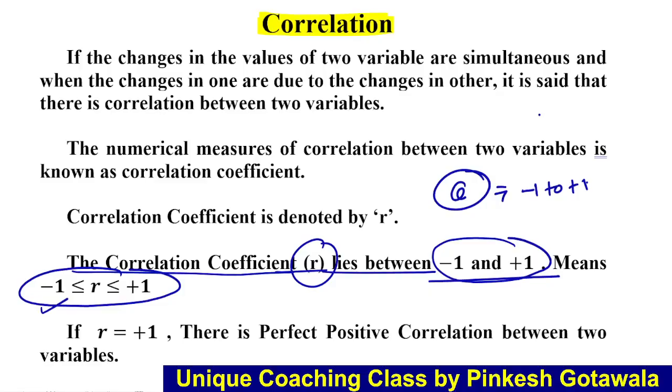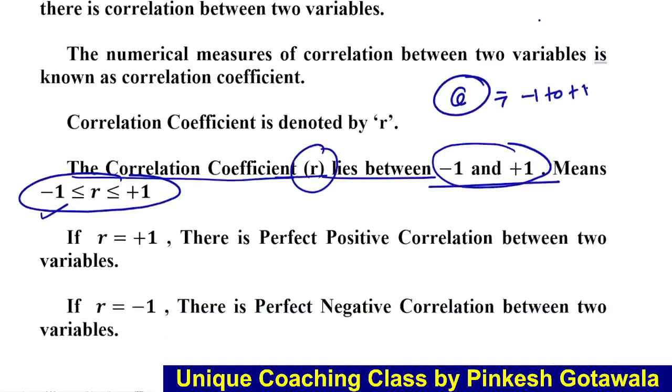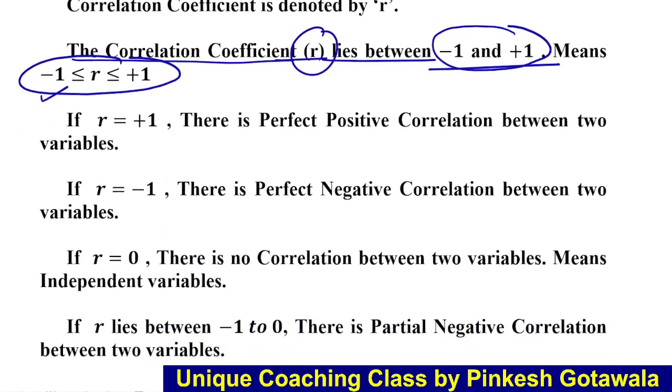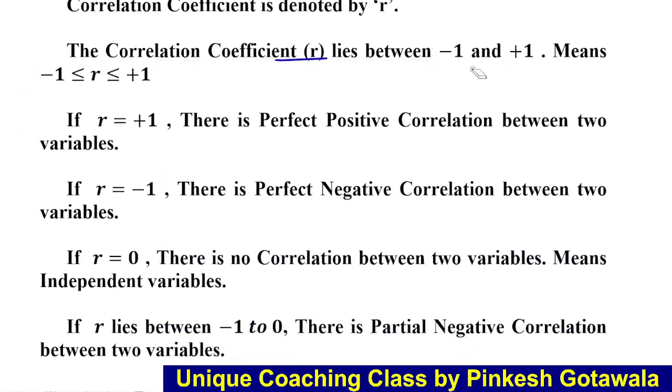Okay, clear? Now there are some more relation meanings you must know. They will be useful in short sums and also long sums, and also as theory. What will be the effect if R value is +1? It is the same rules as the Q we learned in the Yule method. If R is equal to +1 and if R is equal to -1.